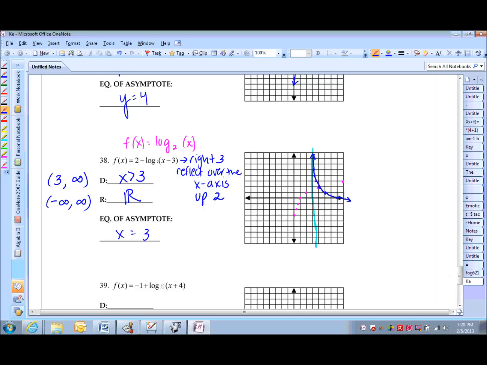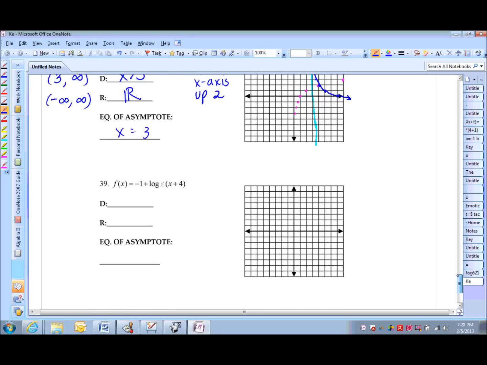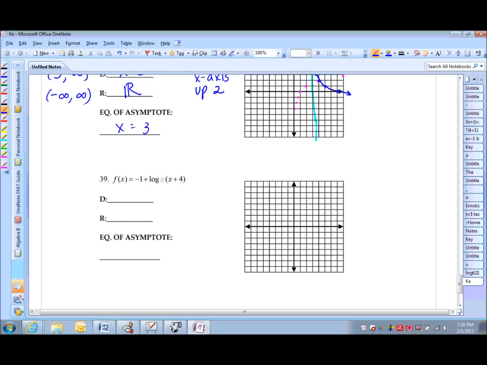Okay, moving on to 39. The parent function that we're dealing with here is f of x equals log base 1/2 of x. So when we plot those points, they should look like that.